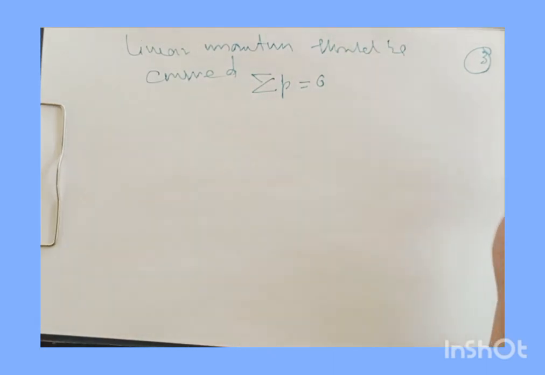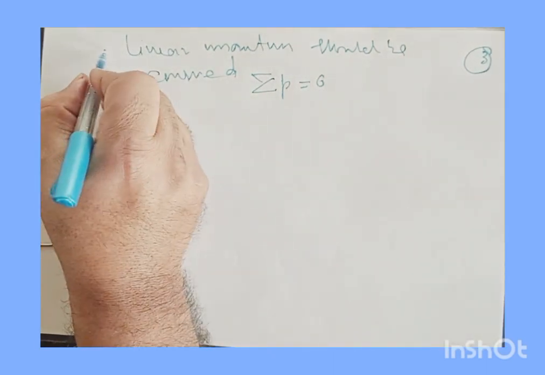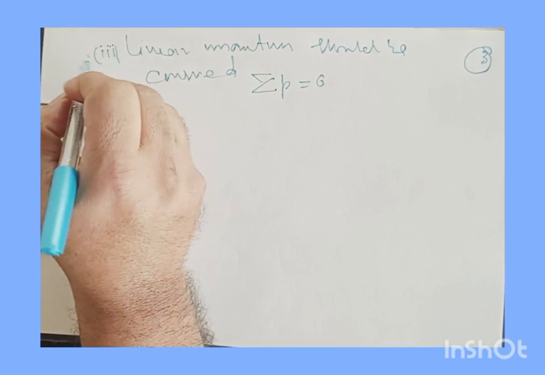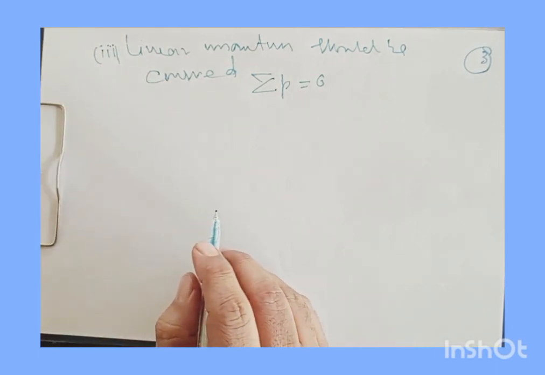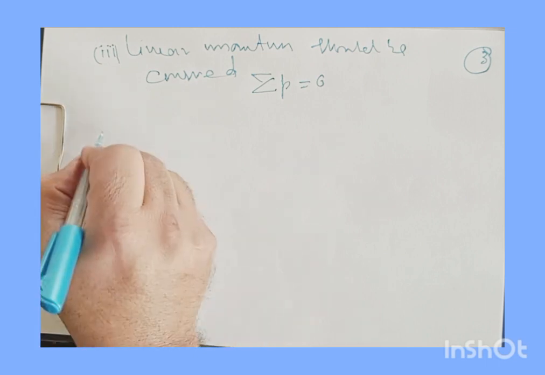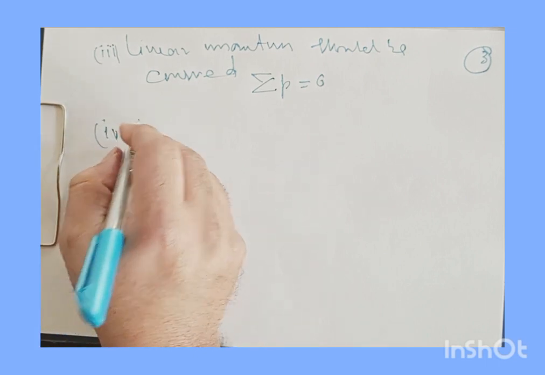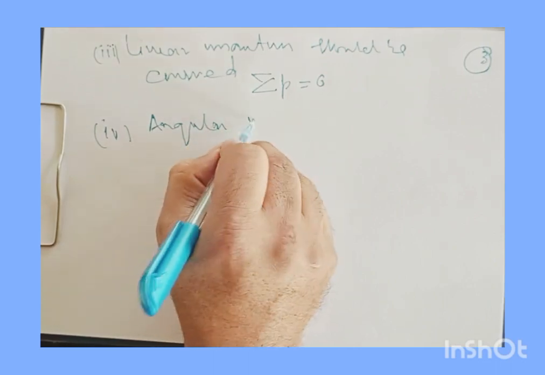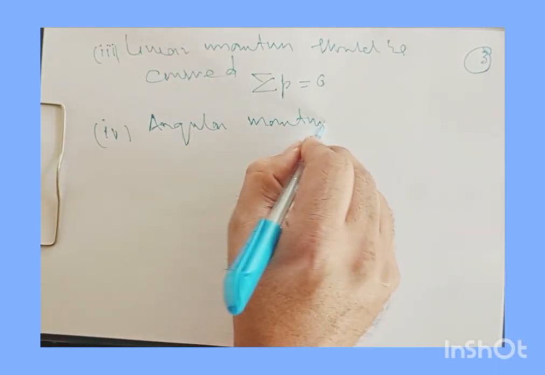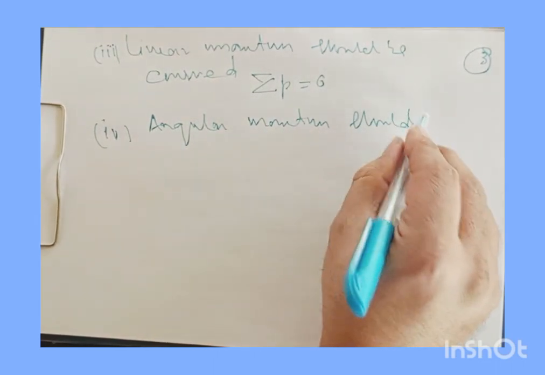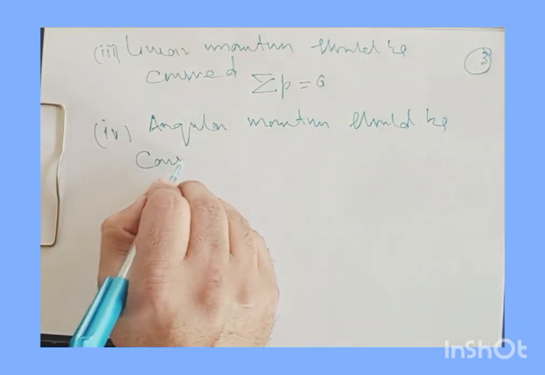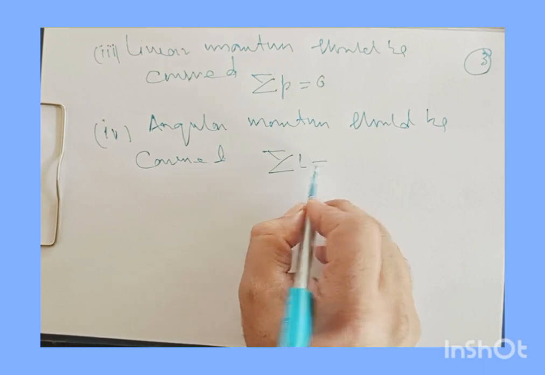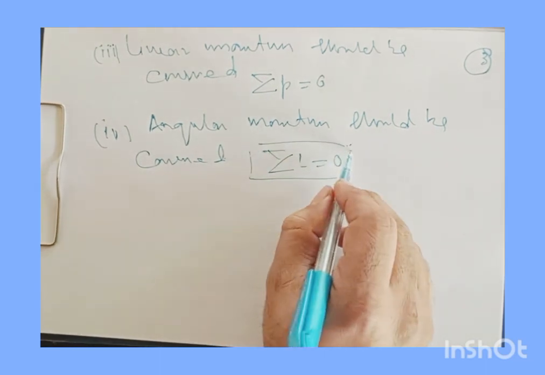So overall linear momentum before the reaction should be equal to overall linear momentum after the reaction. And then we have angular momentum, and this angular momentum should be conserved. So sigma L should be equal to 0.